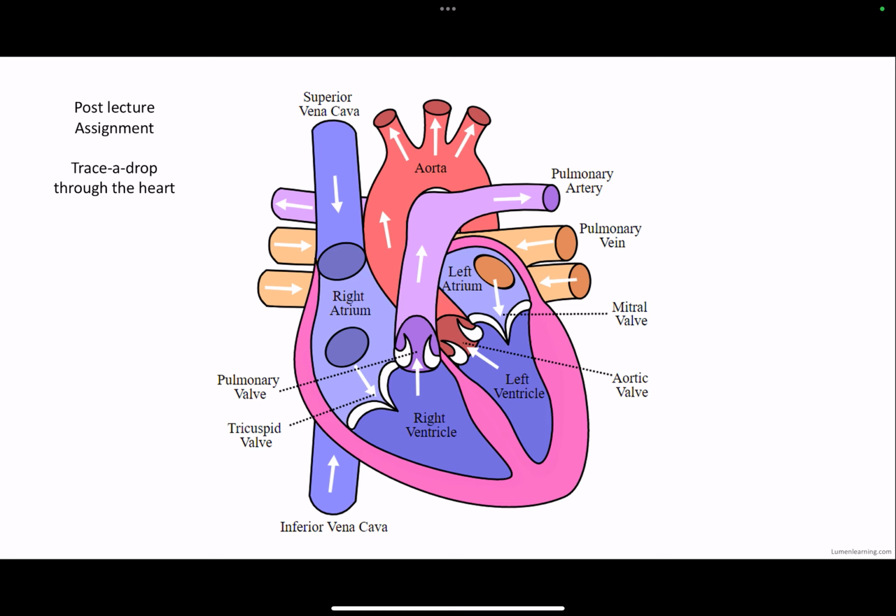So you're not going to do superior and inferior vena cava. You want to choose one. Well, I already chose it for you. It's inferior vena cava. But if we're tracing a single drop of blood, it's not going to be able to flow through the superior and inferior at the same time. You want to take a single pathway. So that's why I just said inferior vena cava. You could start with a superior vena cava as well. But then you go right atrium, tricuspid valve, and then you have to do the rest. Okay? Any questions about that?